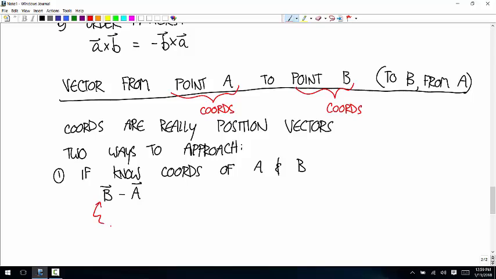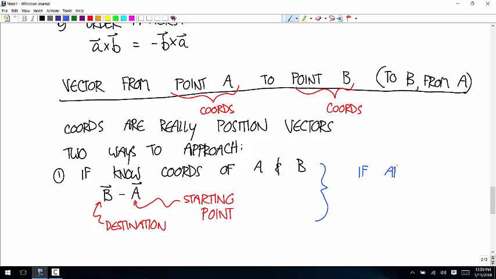So this is the destination. This is the starting point. When would you use this? This is the easiest way if you already have the coordinates for A and B. Sometimes you do.